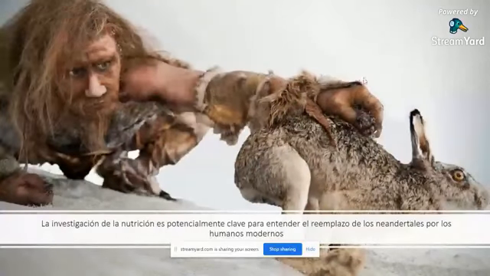We know now that to some extent Neanderthals survive as a mixture in human populations, but by and large they quite abruptly disappeared when modern humans entered Europe and the Near East.